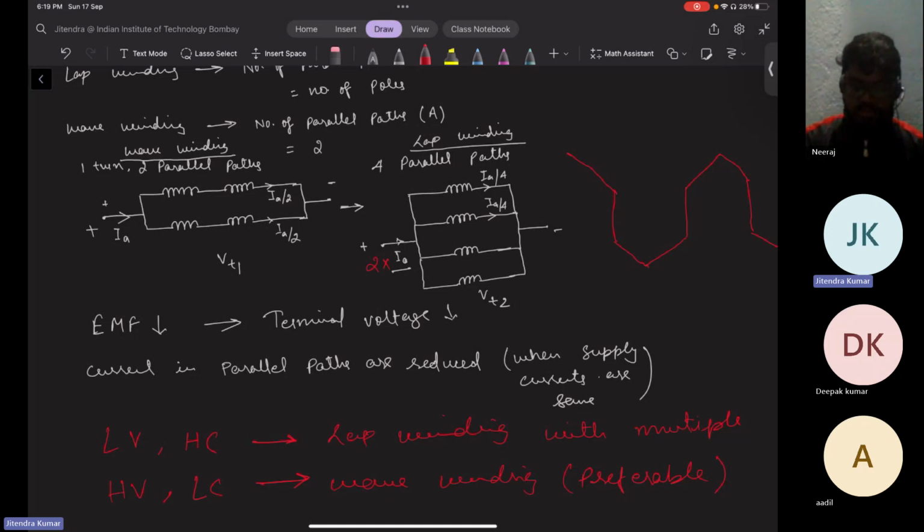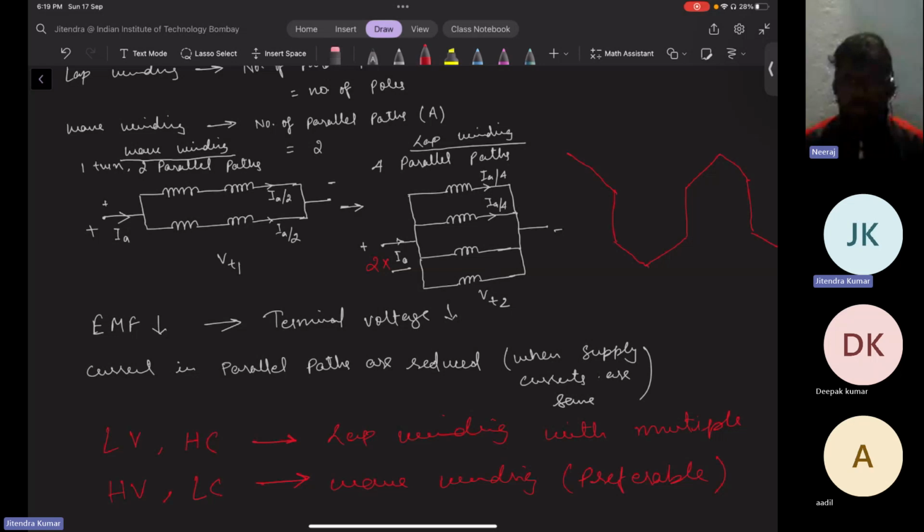Is there any drawback in increasing the number of parallel paths, or does it come without any drawback? Can you have as many parallel paths as you want, or do you have to restrict it at some point? Would you face any problem if you increase the number of parallel paths?